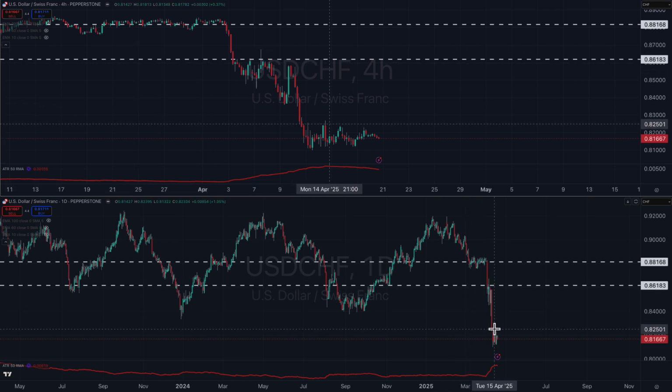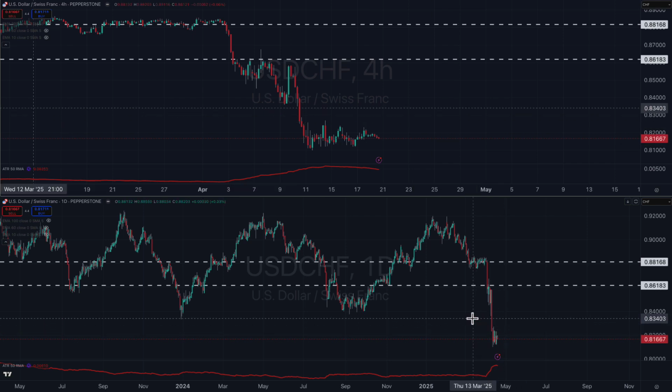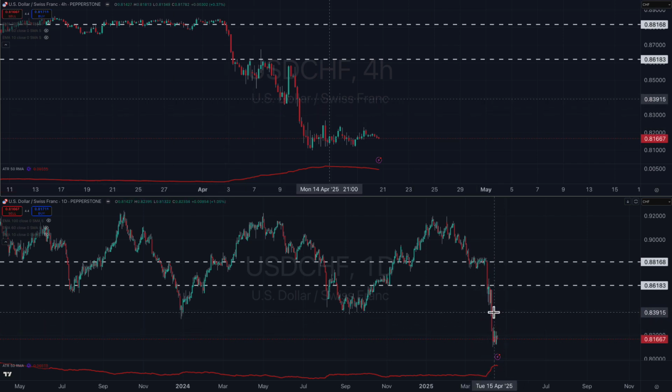So you've got a lot of franc strength here, which is kind of obvious that would happen because the Swiss franc is becoming the safe haven. It is a safe haven currency, but it's even more so because the US dollar has lost that mantle very, very recently. So from that perspective, what we're looking to do is sell any rallies in here.